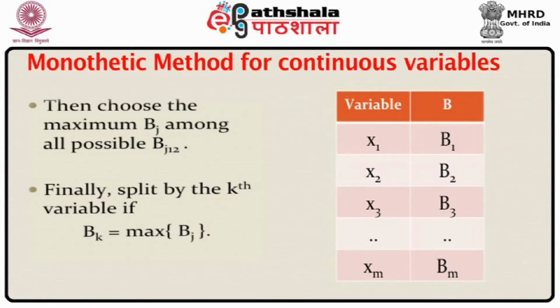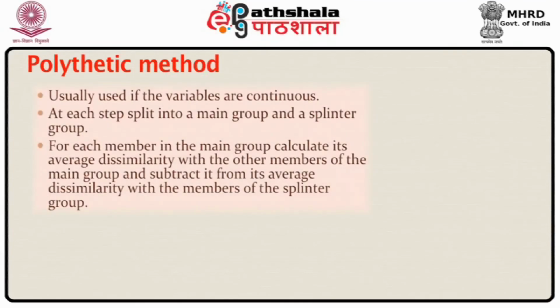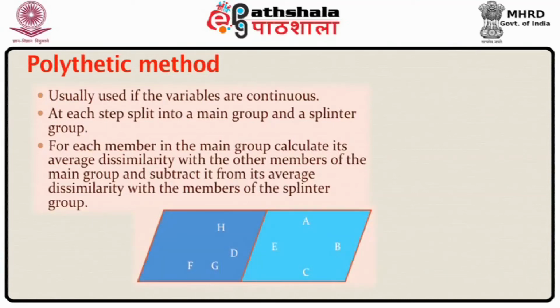But as you can see, this method is not foolproof in the sense that we are just basing our judgment on a single variable. On the other hand, in a polythetic method, we usually look at all the variables. But then in that case, it's easier to do if we have continuous variables, because getting a single distance measure based on all the variables, as we have seen previously, is not so easy.